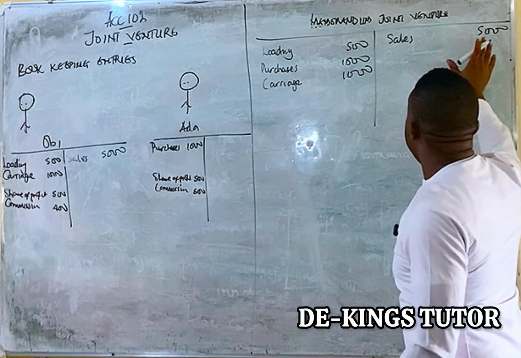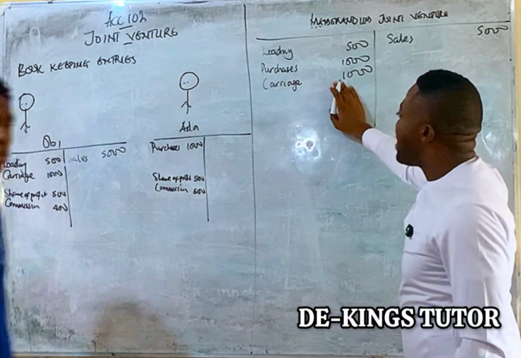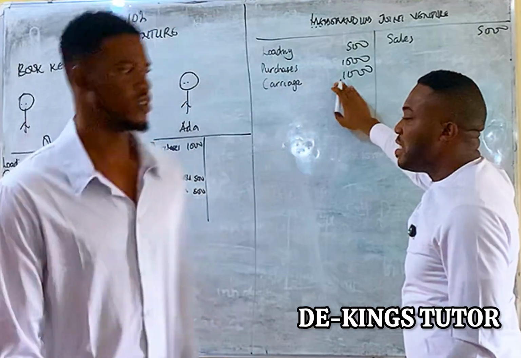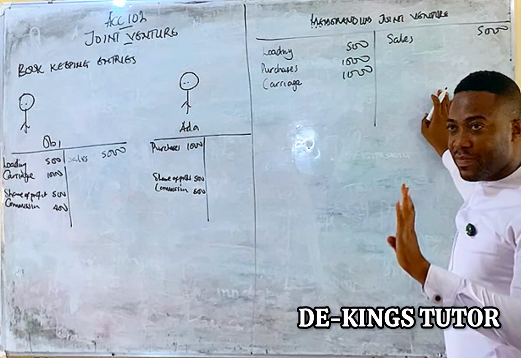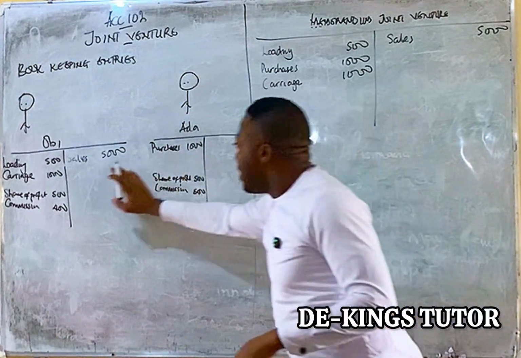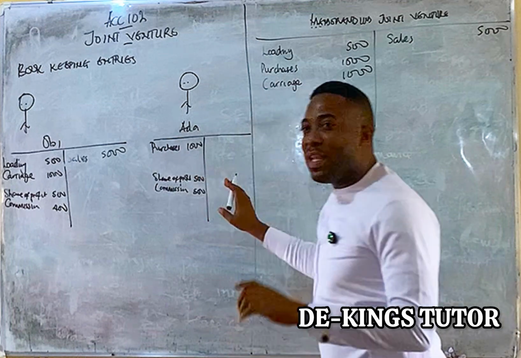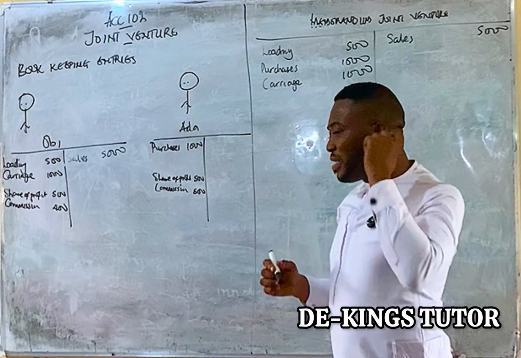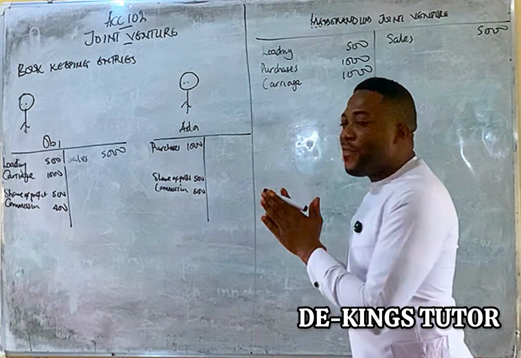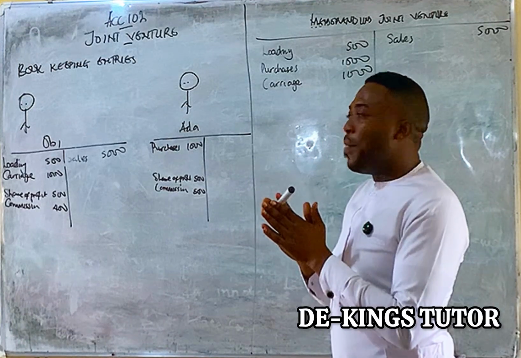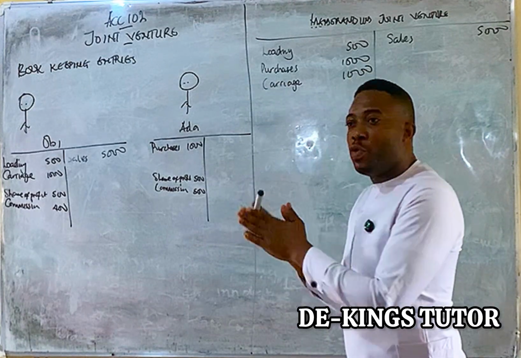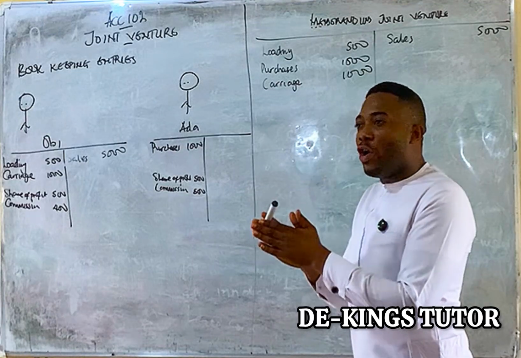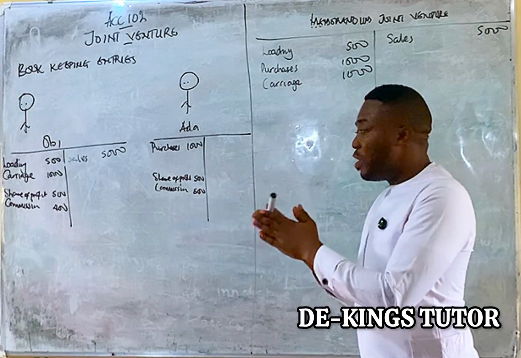Now, if the credit side is greater than this side, which is the expenses, they have a profit. Now, the joint venture, they have what we call profit or loss ratio. And what that means is that if they have profit, that is the ratio they will use. If they incur loss, that is also the ratio they will use.